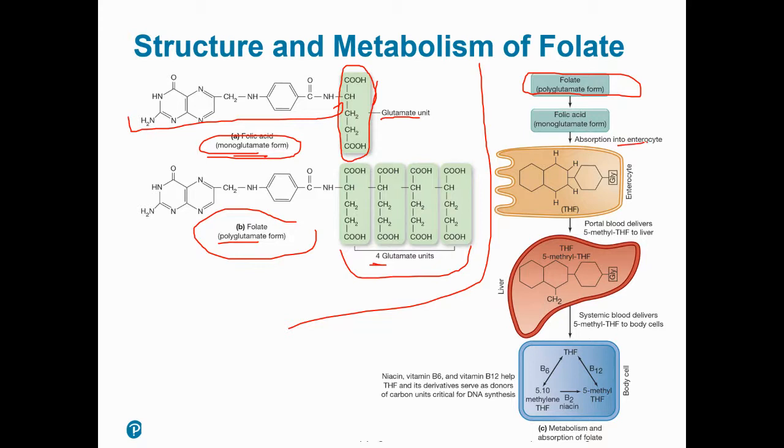In order to absorb folate into our bodies, into the enterocyte, that little cell that lines the small intestine, we have to convert it into the monoglutamate form. This form is often abbreviated THF, which stands for tetrahydrofolate.